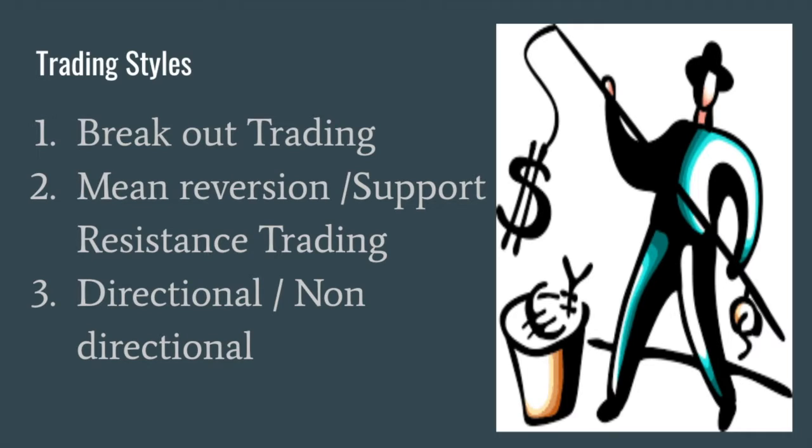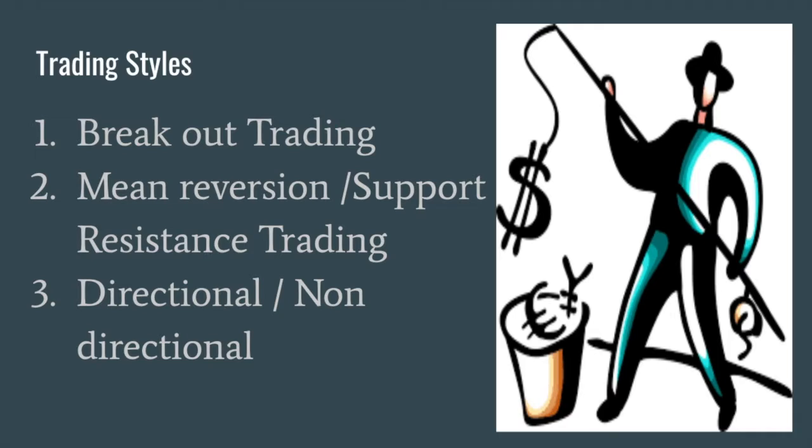That is, whenever the price goes and hits a resistance, you take the trade to short it, or whenever the price settles at a support area, an area where the price action was seen more previously, you buy in so that you go along, assuming that the price is more likely to move upwards after staying for some time on the support zone. So that is known as mean reverting, support resistance kind of trading.